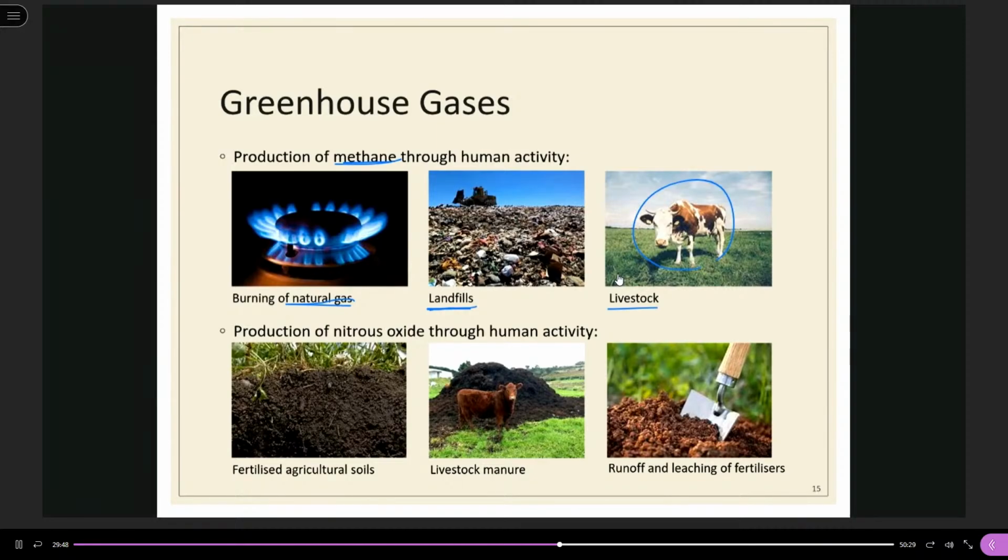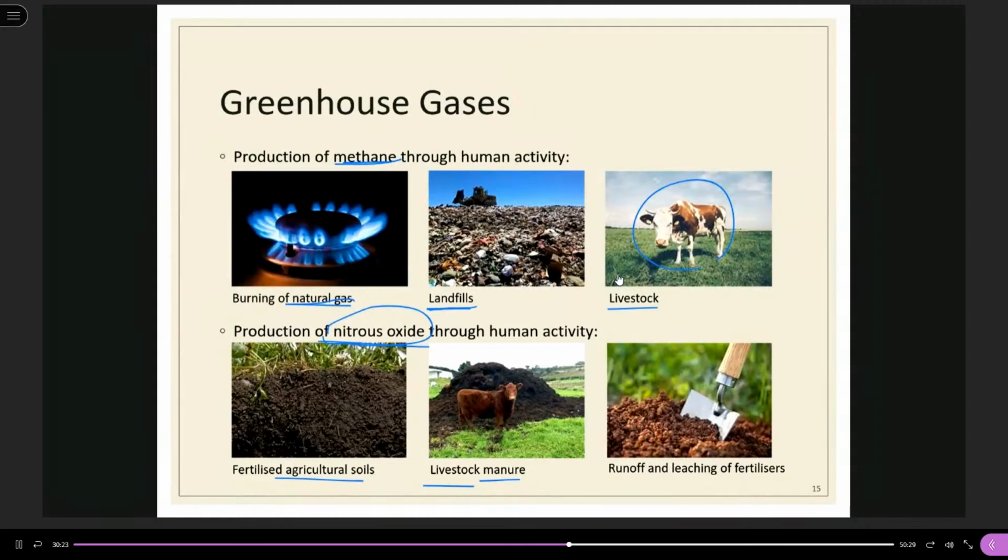Nitrous oxide. Nitrous oxide is another kind of greenhouse gas, and it results from the fertilized agricultural soils, the manure of the livestock, the runoff, and the leaching of fertilizer. So nitrous oxide is related to agriculture, okay, the planting of the food, the vegetables.